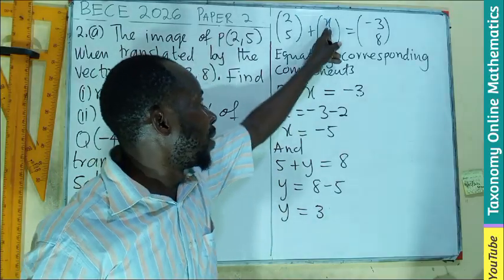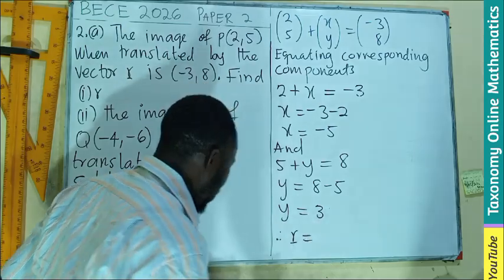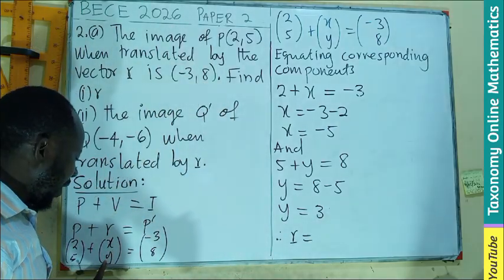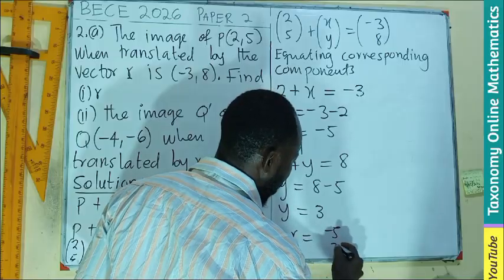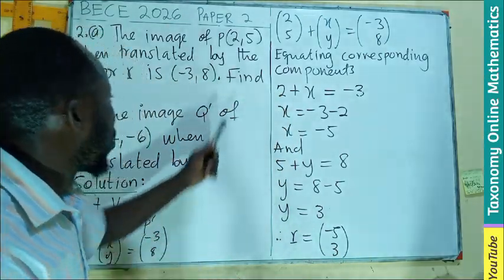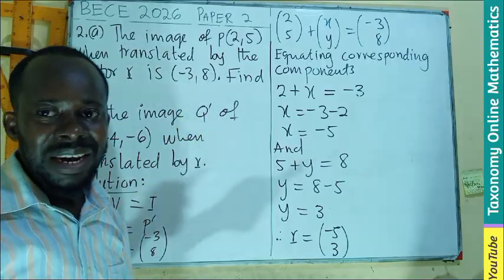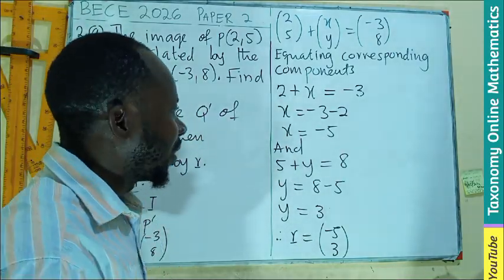So what do x and y stand for? Therefore, the vector R is (-5, 3). This is the vector that translates the point (2, 5) to give us (-3, 8). That's the first part of the question.